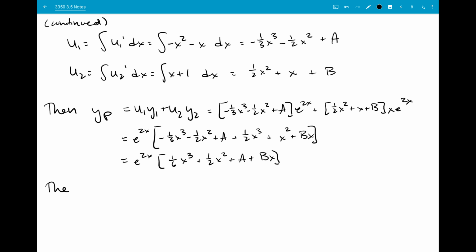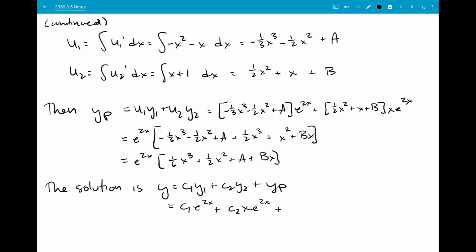Okay, so the solution is y equal to c1 y1 plus c2 y2 plus yp. So that's going to be c1 e to the 2x plus c2 x e to the 2x plus 1/6 x cubed e to the 2x plus 1/2 x squared e to the 2x plus a e to the 2x plus bx e to the 2x.